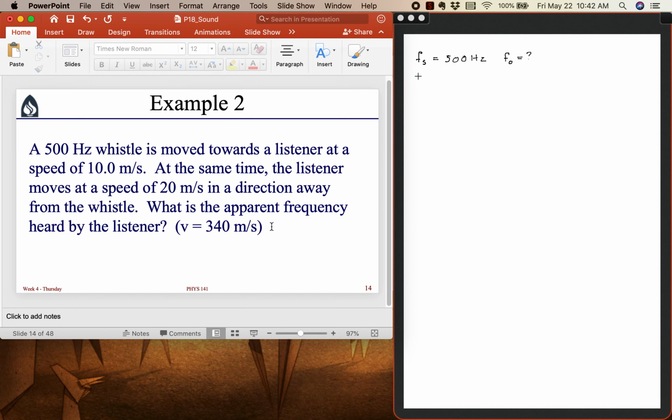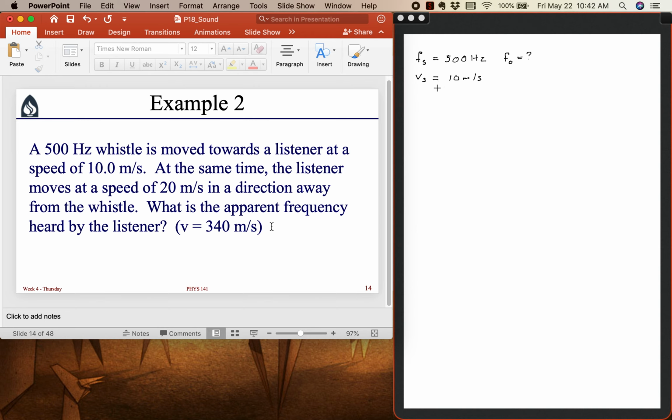We also know that the velocity of the source is equal to 10 meters per second. And we're told additionally that the whistle is moving towards the listener. So the source is moving towards the observer, and so this velocity of the source is positive.